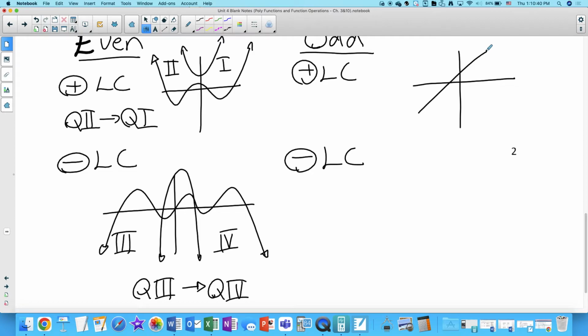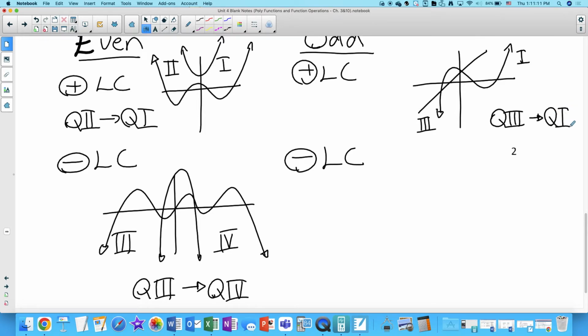If you can think of those four functions, the trends just follow. Okay? So this could be a linear function. You could have that would be cubic. But at the end of the day, starts in 3, ends in 1. So the end behavior is quadrant 3 to quadrant 1.